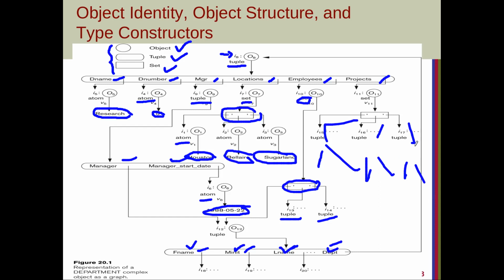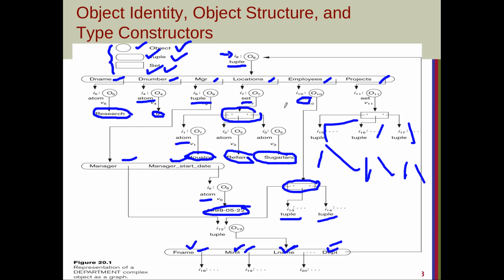So you should study the notations: the object notation, the tuple symbol, and the set symbol. You need to describe some objects by using object ID, some type constructor, atom value or some tuple value. Accordingly you have to create this structure. Starting from an object, if it is a tuple, form this tuple, and each element of this tuple is to be connected to some atomic value or some set value.